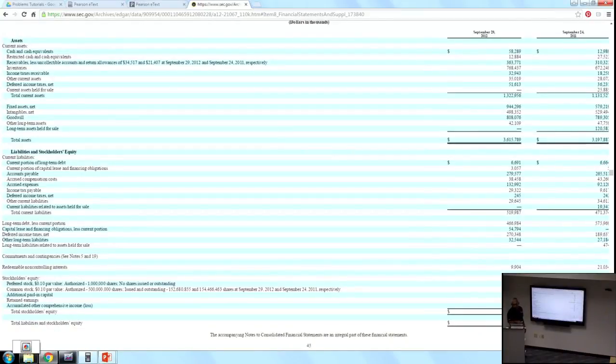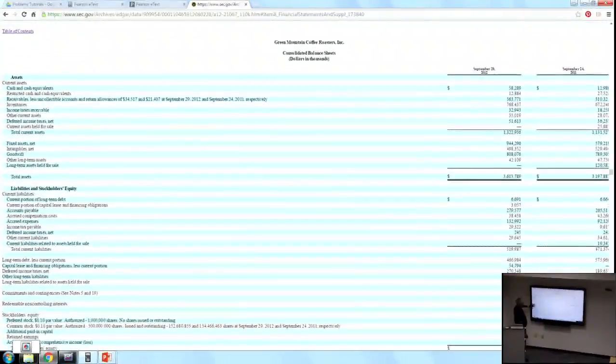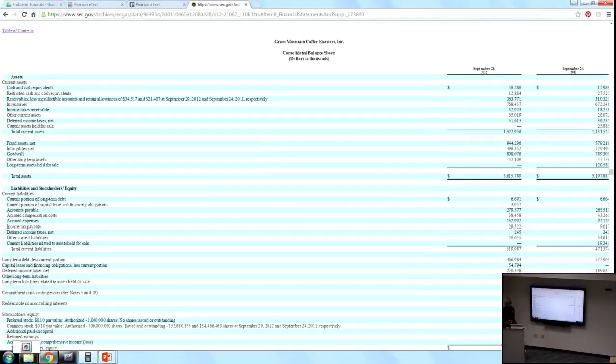Part C asked the question: what was the cash invested in new plant and property in 2012? So we look at the net cash used in property in 2012. We'll look at the number for long-term assets.